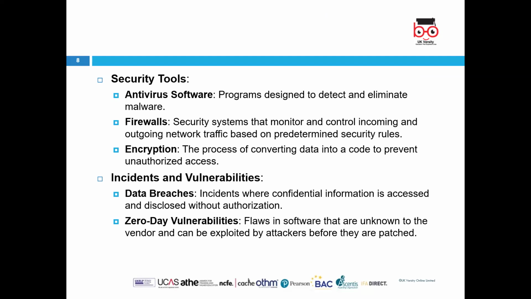There are many companies that provide antivirus software, which can be purchased on a daily plan, for example. This allows us to protect our programs from any sort of attack and eliminate malware. Firewalls are security systems that monitor and control incoming and outgoing network traffic.